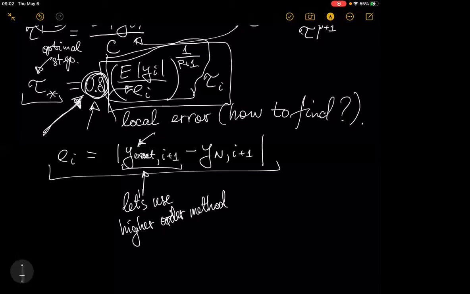And then the difference between the higher order and lower order method will be an approximation of the error. And then we use it here.